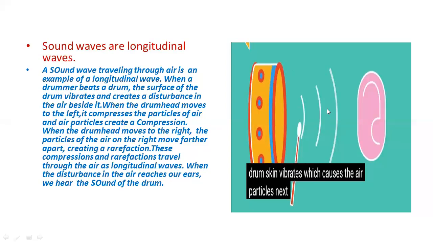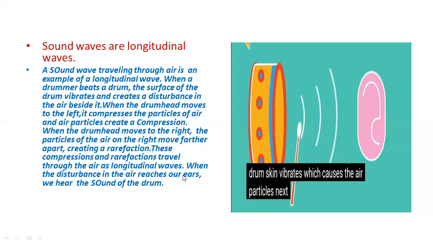When the membrane moves inside, the particles relax and move farther apart from each other, and form rarefactions. So when the drum head moves to the right, the particles of the air on the right move farther apart, creating a rarefaction. These compressions and rarefactions travel through the air as longitudinal waves.